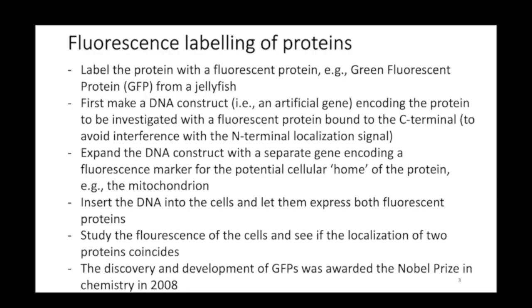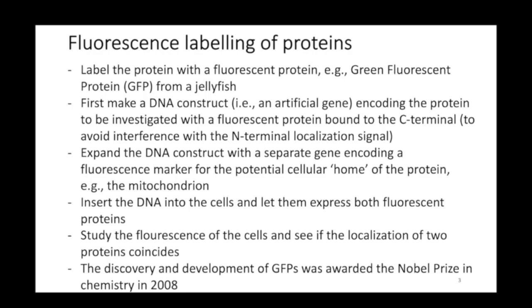Then you study the fluorescence of the cells to see if the localization of the two proteins coincide. If the two fluorescence coincide, then the protein you are studying is mitochondrial.